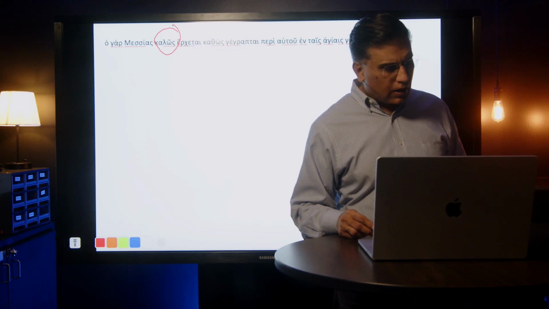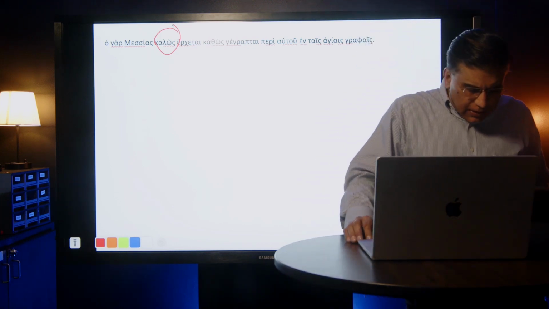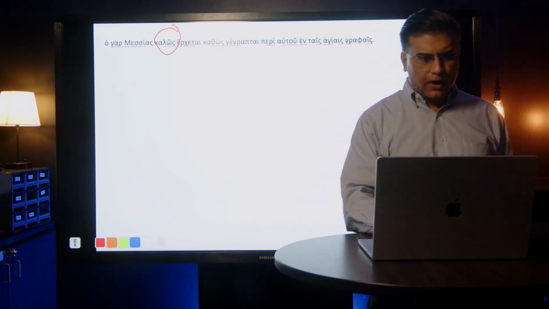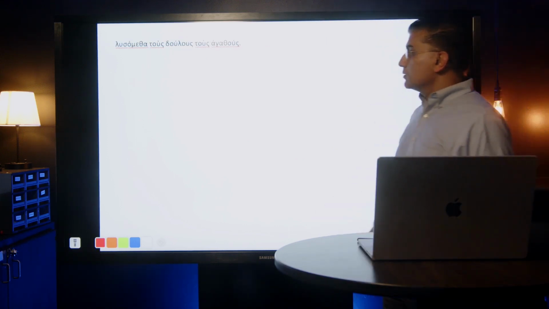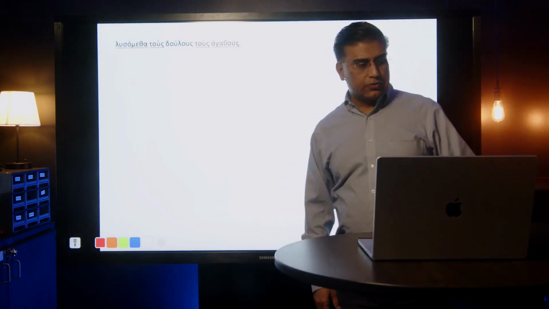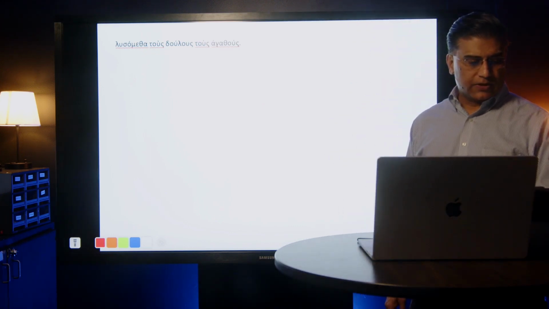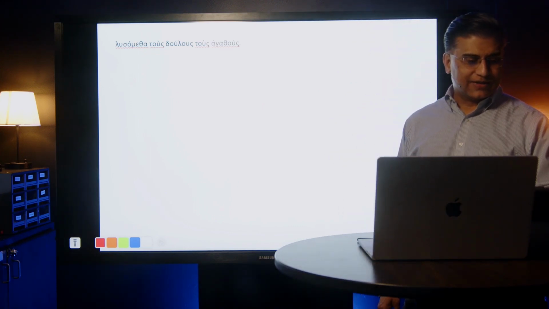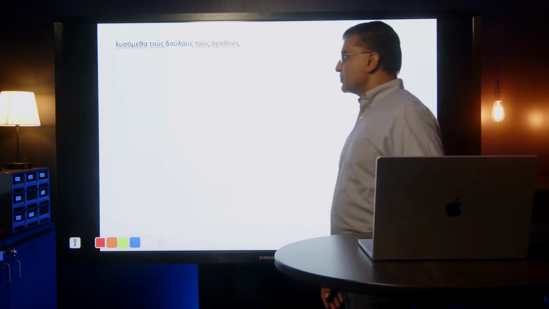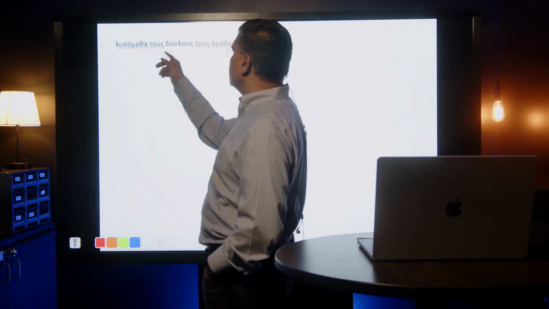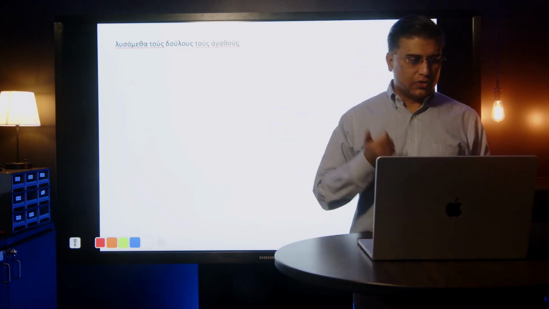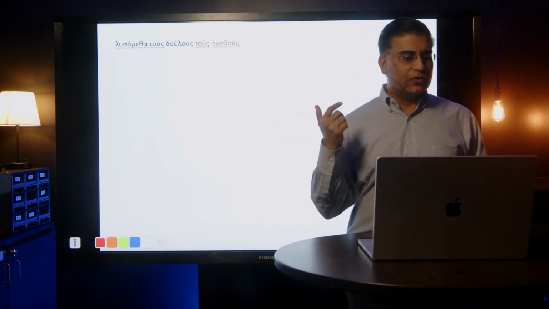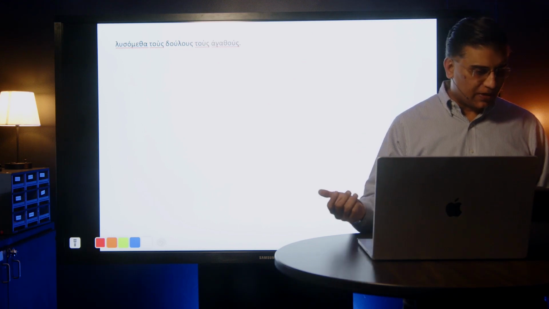Okay, another one we should attempt. Let's go to number 5. Simple statement, but we need to make sure we don't confuse this one because it's got a lot of little things stuck in there. Starting with this one. Lusometha tous doulous tous agathous. So let's start with lusometha.